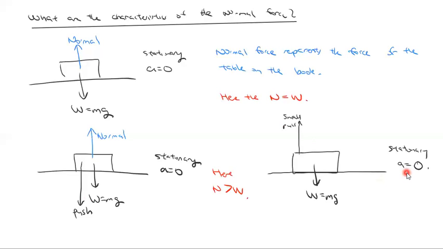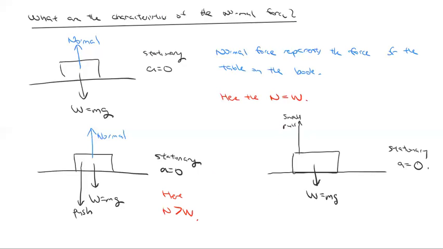But if you pulled up, why won't the book move? Because you pull it up, right? What can you tell me about the normal force? Look, put it this way. The book didn't move, right?